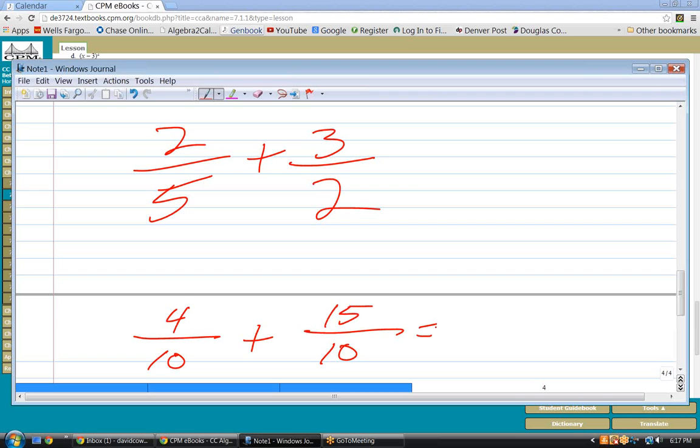And what's the result of that? 19/20ths? No? No, 19/10ths. Right. Once you've found the common denominator, it stays the whole problem. In other words, your final answer is you merely act on the numerator, the 4 and the 15, not the denominator.